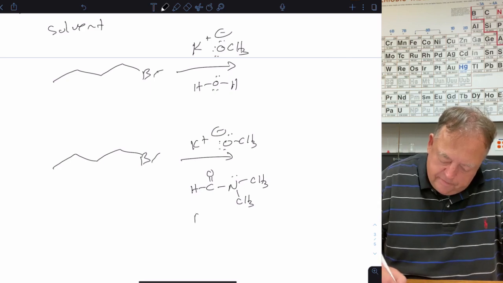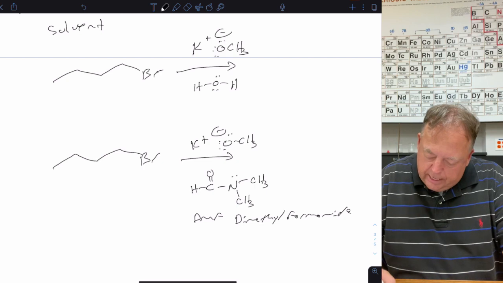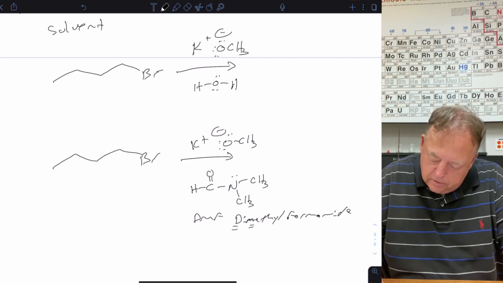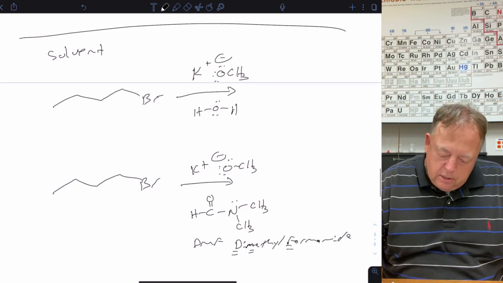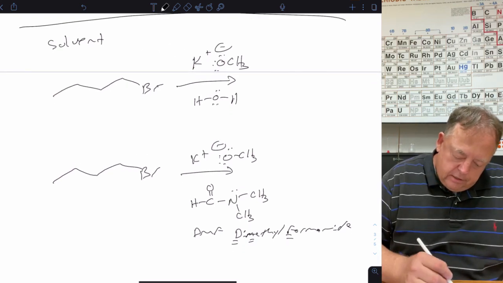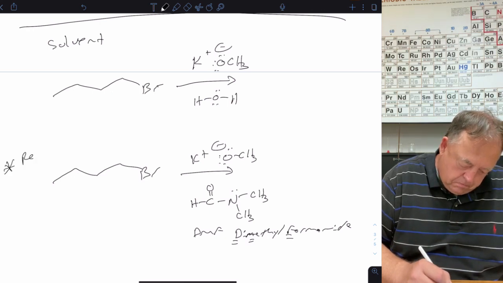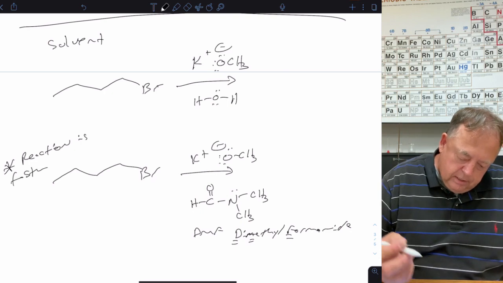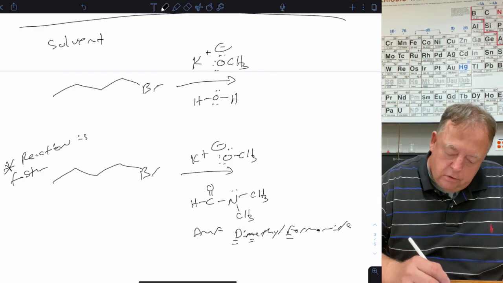It's called DMF, which is just an acronym for dimethyl formamide. Okay, so if we did this reaction, then the reaction that is much better is this one. So this is going to be a faster reaction, probably give you better yields.